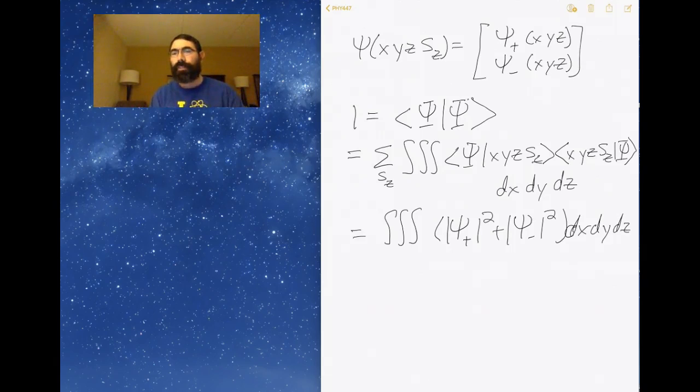So it's just an added twist now that we're using spin, that you have to get this product, which turns out to be a vector product. It's basically like taking the Pythagorean theorem and applying it to our two components, the spin up component and the spin down component.